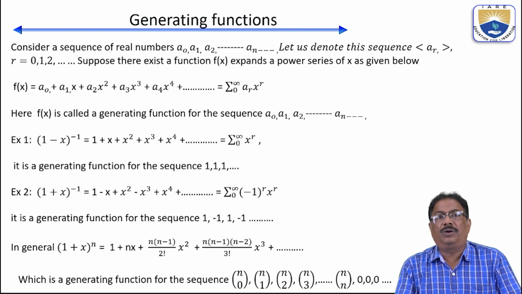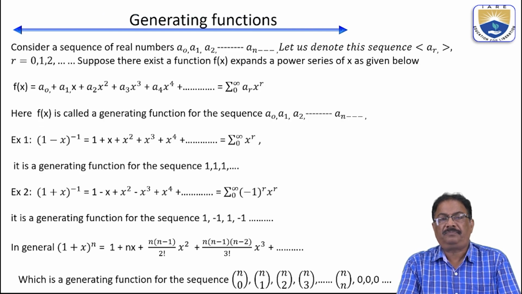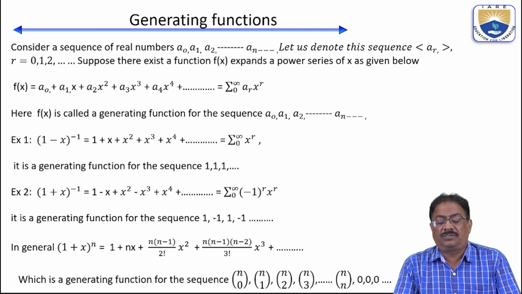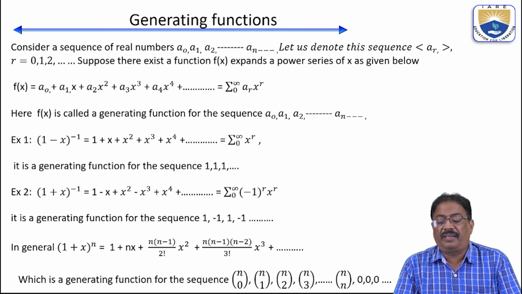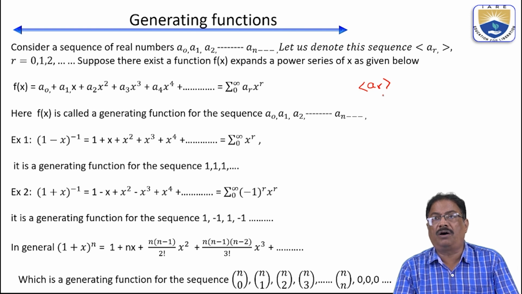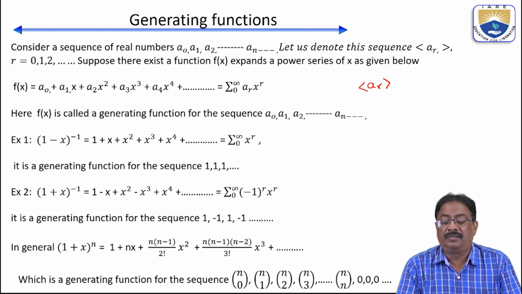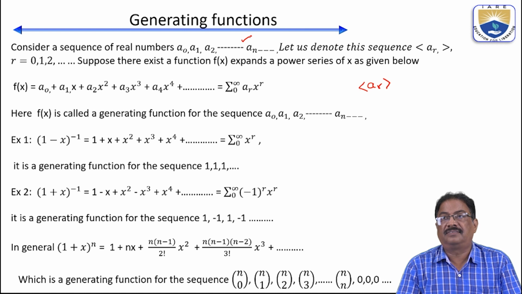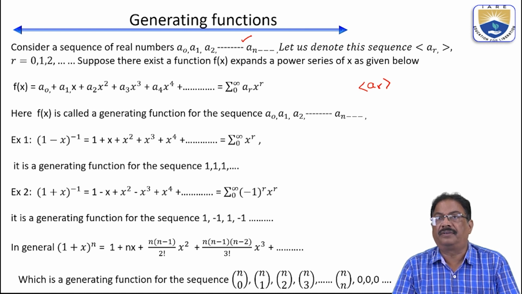Now, what is a generating function? Suppose a sequence of real numbers, let us say a0, a1, a2 and so on, an and so on, an infinite sequence, is given.